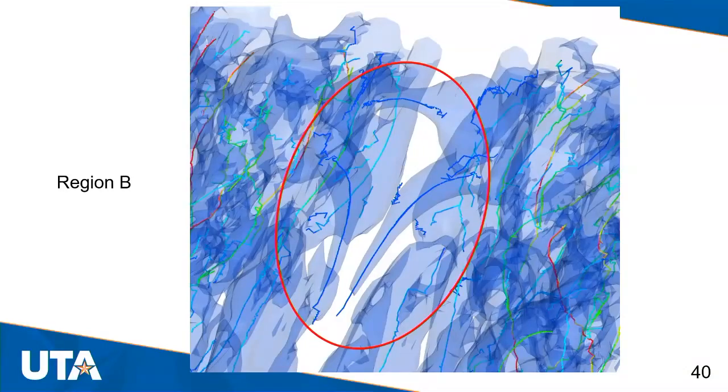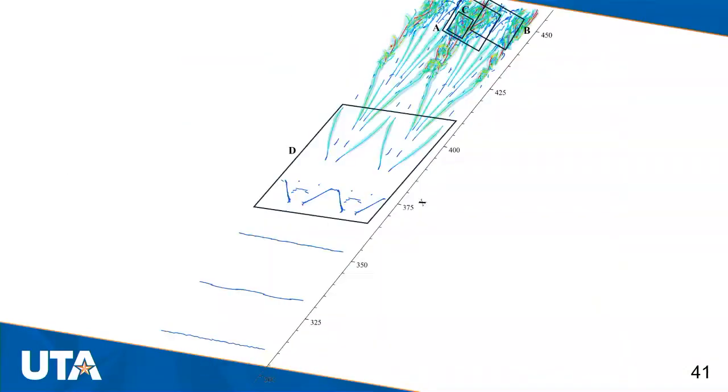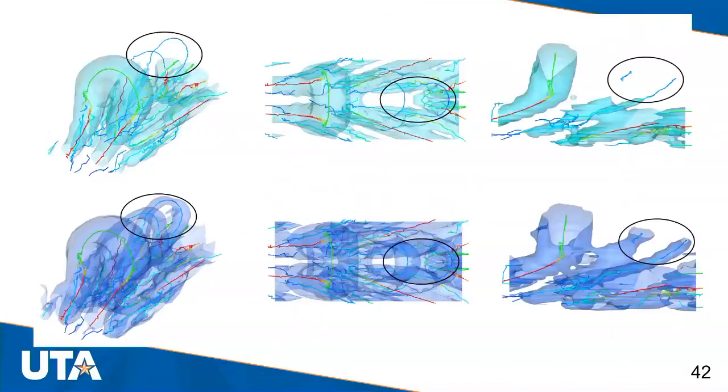isosurface. And also, let's look at region C. Take a close look at region C. If you do not use the co-line method, you may not recognize there are two vortex rings in front of these vortex rings. You may just think we have one vortex ring, but actually there is one and another weaker one.